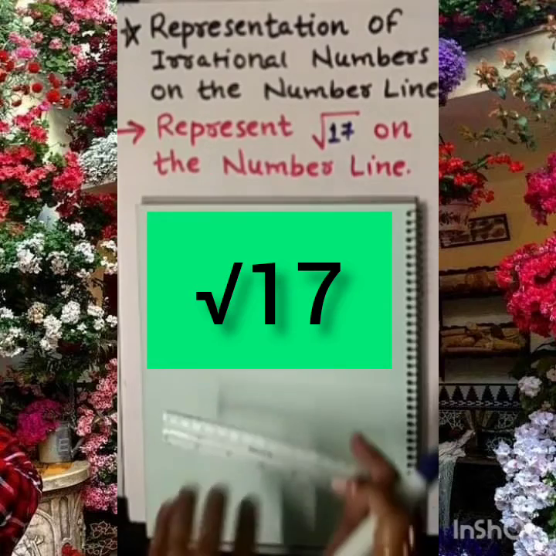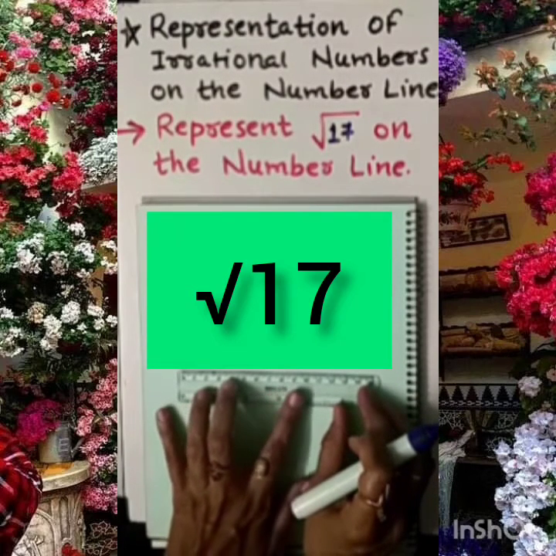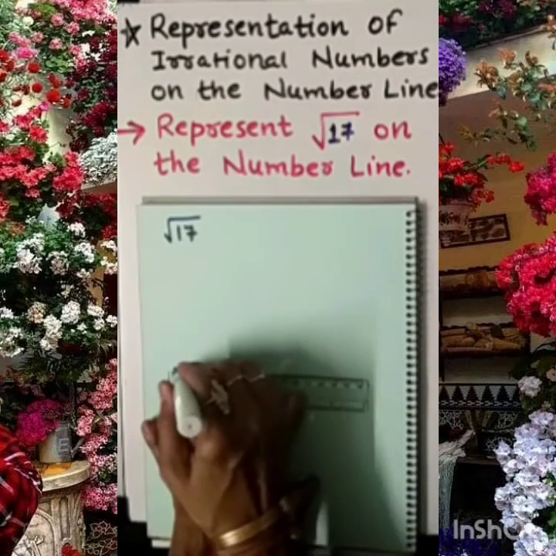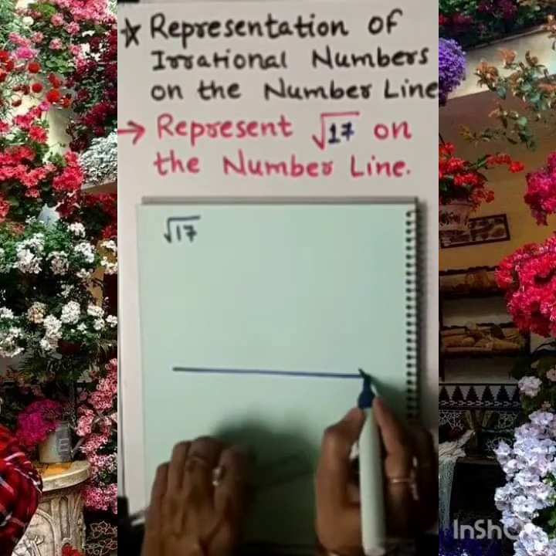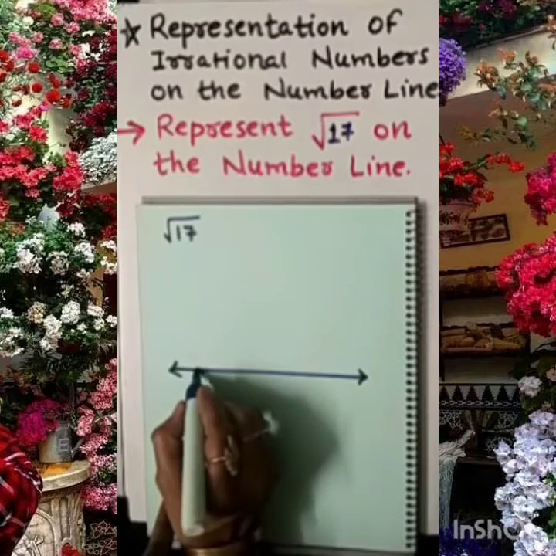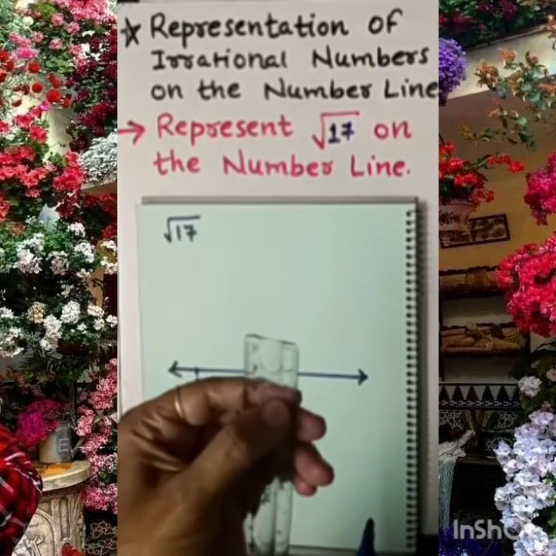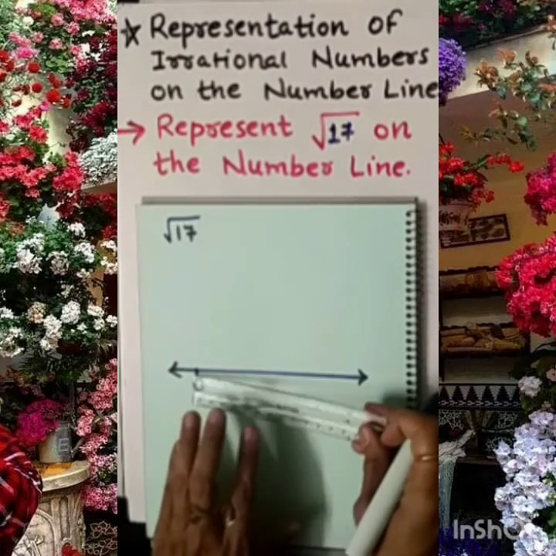So how to draw? First of all, I request you to draw a straight line. After drawing the straight line, as I told you, we need to take 0 as origin, and here I am choosing 1 inch as my 1 unit. It will be convenient for all.